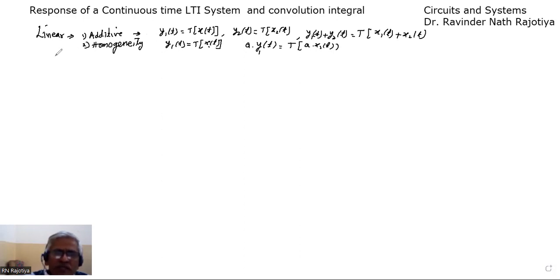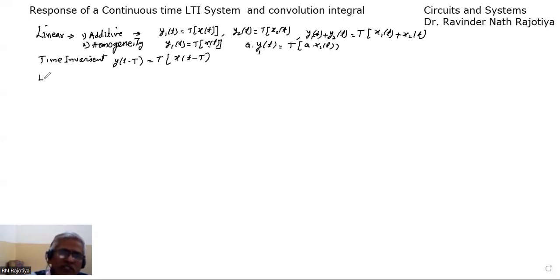This is linearity. Now, a system is time invariant if the response of the system to a signal x of t minus t0 leads to a time invariant response as y of t minus t0.